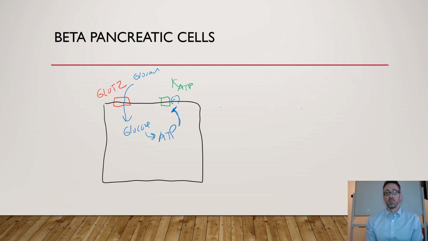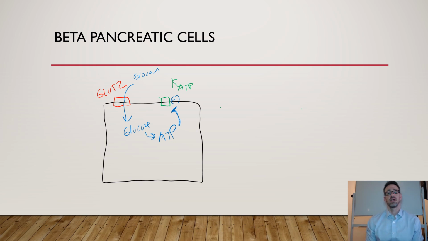When it closes off that channel, it changes the membrane potential of this cell. All right, and so the membrane potential actually depolarizes.